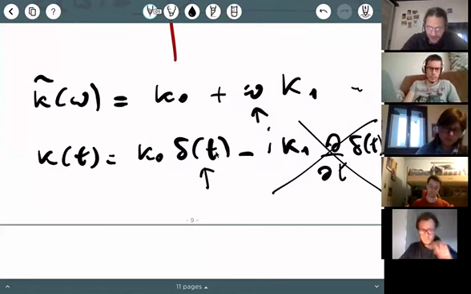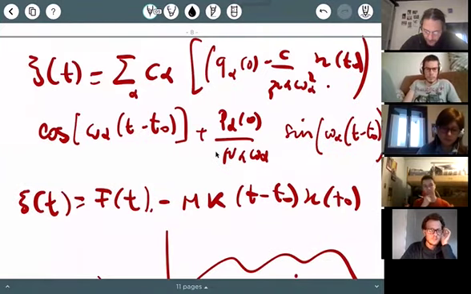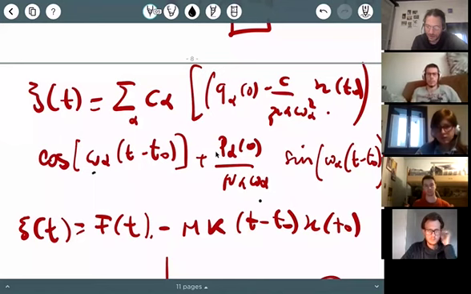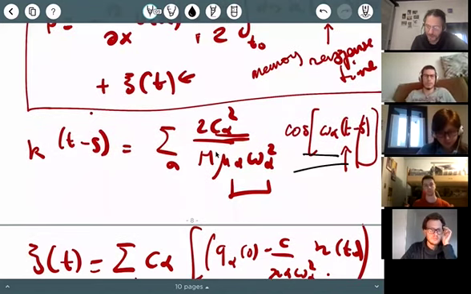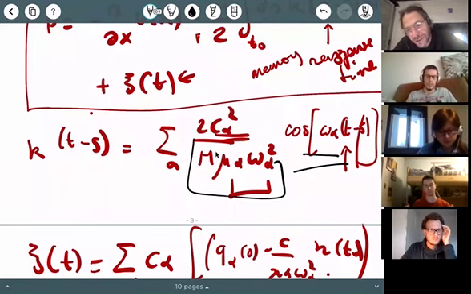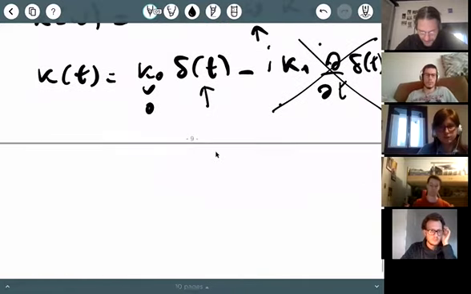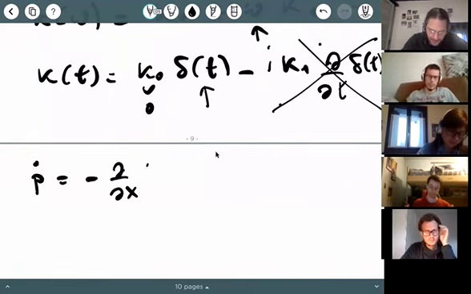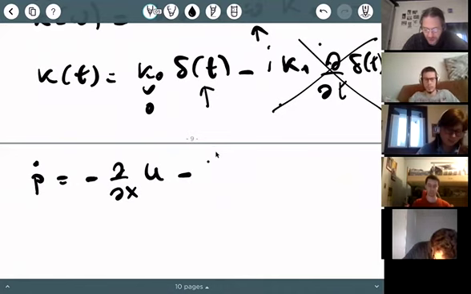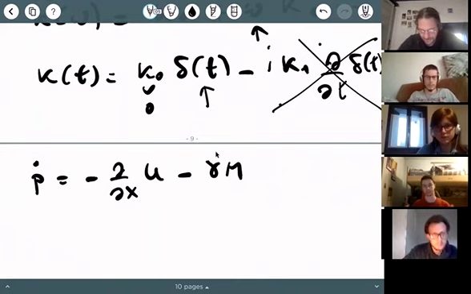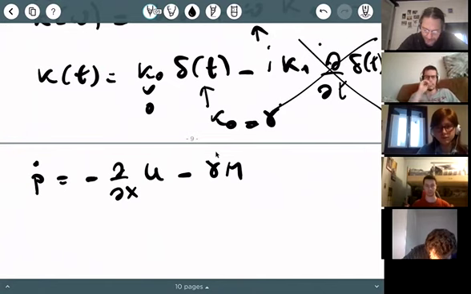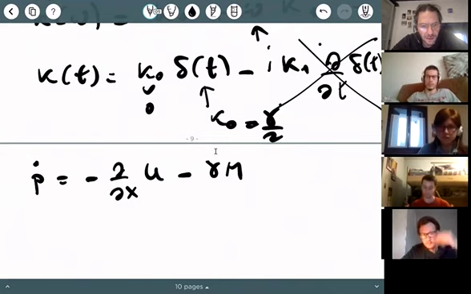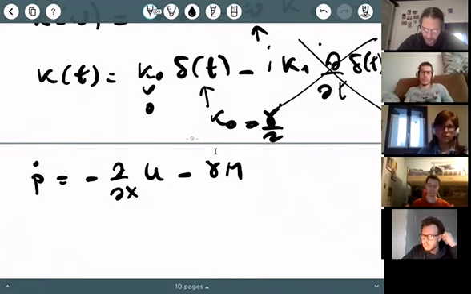If you plug it in, then your equation becomes, first of all, the K naught coefficient is positive, because the K naught coefficient comes from the zero frequency limit of this cosine. So you're sensitive to this coefficient. K naught is positive, and if you put it there, you get p dot equal to negative d by dx of u, negative... Now, if you choose, you can choose K naught equal to gamma half for simplicity, or 2 gamma, sorry.